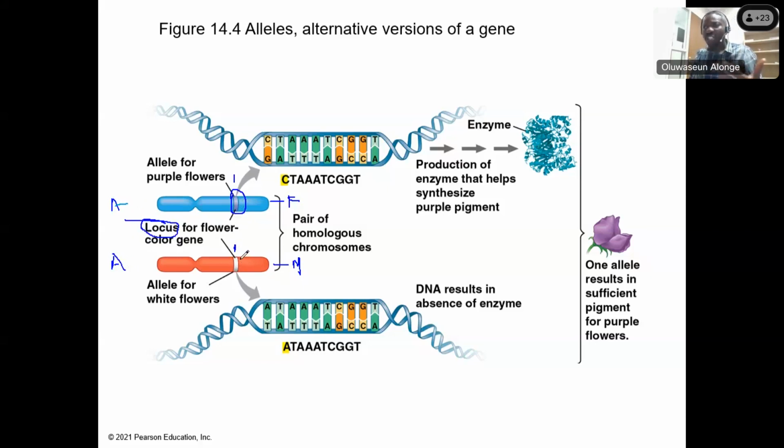If you are considering ourselves, this can code for light skin. This can code for dark skin. So these chromosomes we call homologous chromosomes. Let's say this one is P, like we used. This one is lowercase p. And now it's going to become Pp when we bring it together.